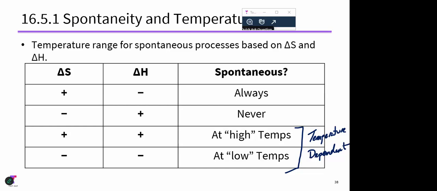In each of these cases, we could calculate a temperature where the reaction flips from being spontaneous to non-spontaneous, or vice versa. And so in the case of our third line here, high temps, what we're talking about is any temperature over that flipping temperature, any temperature that is higher than that, that's where we'll find spontaneity.